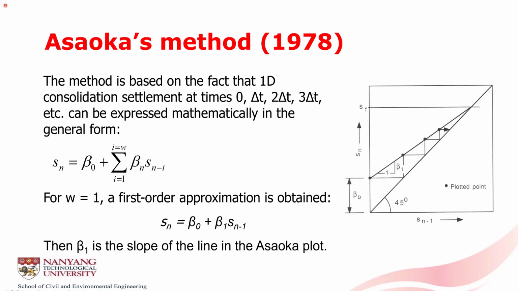And the first one is Asaoka's method. For Asaoka's method, what we have to do is we work out the settlement at a given time, for example, 7 days, 14 days, and 21 days, etc. And then we plot the settlement at 7 days versus the settlement at 14 days, etc. So then we have a number of points, and by fitting the points using a straight line, this straight line is going to intercept with a 45-degree line, and the intercepting point will be the ultimate consolidation settlement.